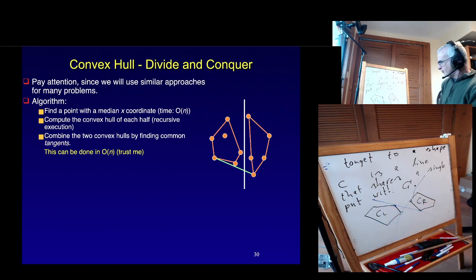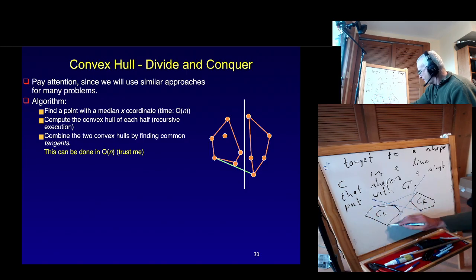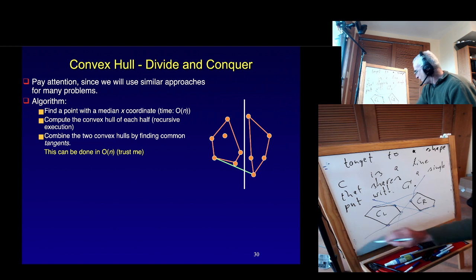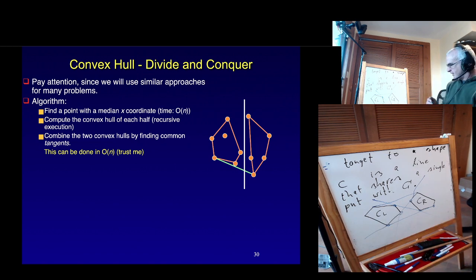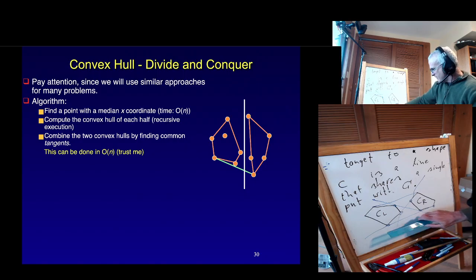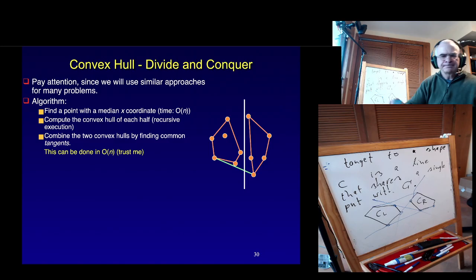These two are not really helping us when we are computing the convex hull. These two are crucial for us. This one and this one are much more important. The tangent that has both polygons C left and C right on the same side of it is either from the left or from the right.